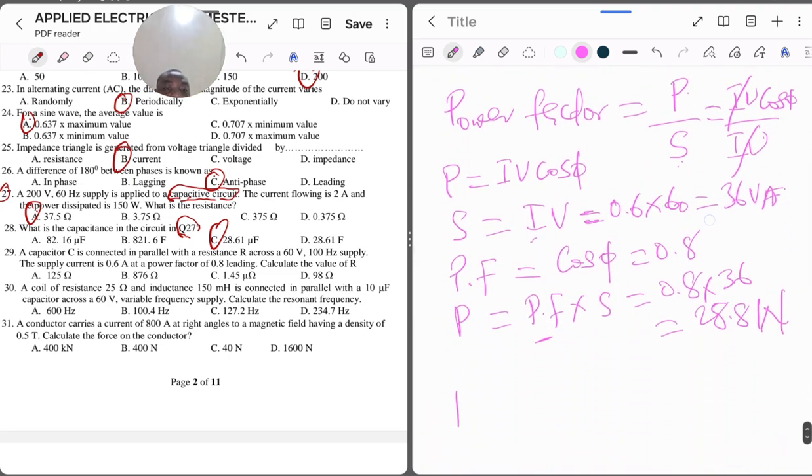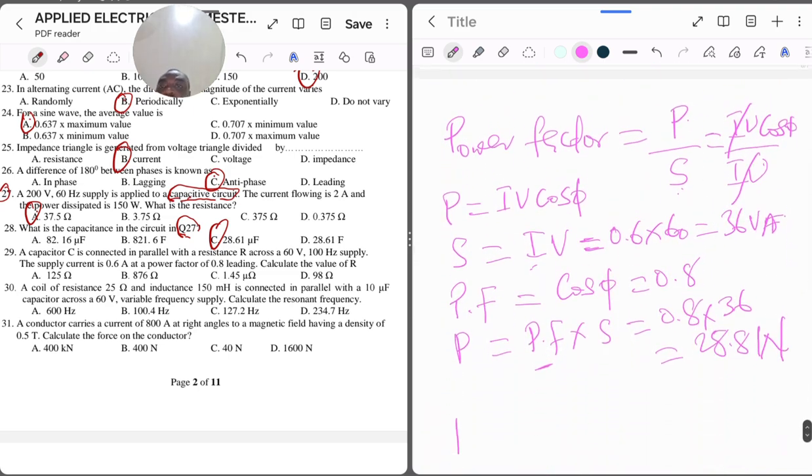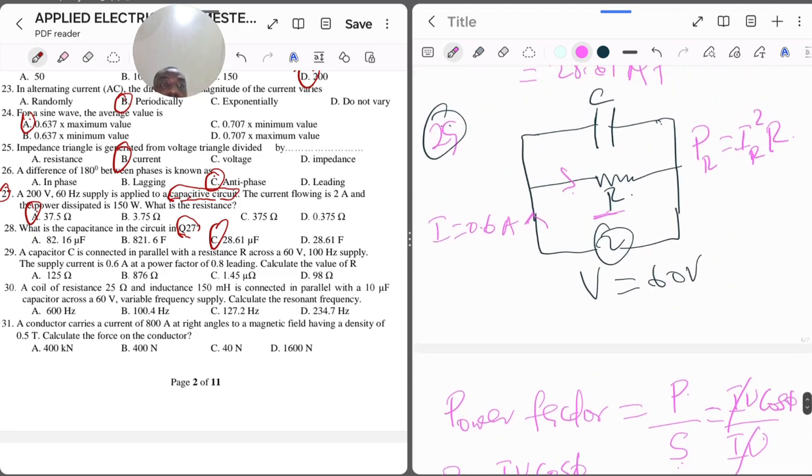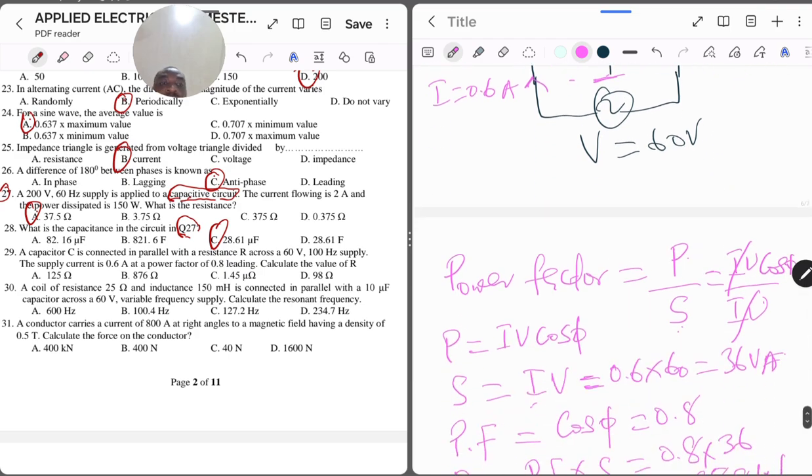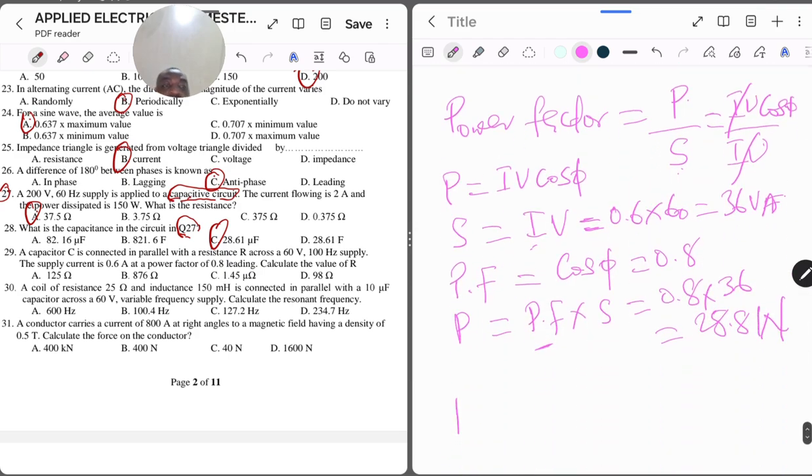So if we know the power dissipated by the resistor, but we don't know the current that is passing through the resistor, we don't know IR.